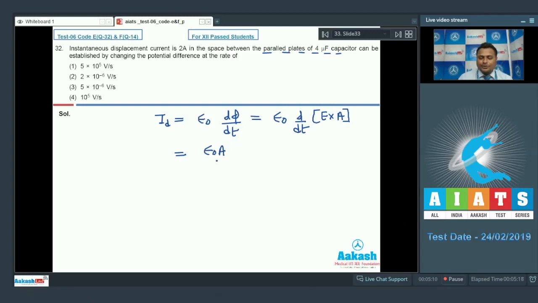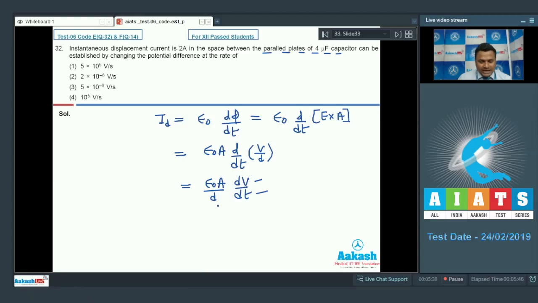Electric field is equal to V by D, where V is the potential difference and D is the separation between the plates. So we can write d by dt of V by D. Again, the plate spacing will always be constant. So D comes out and gives epsilon naught A by D into dV by dt. Now dV by dt is the rate of change of potential difference.